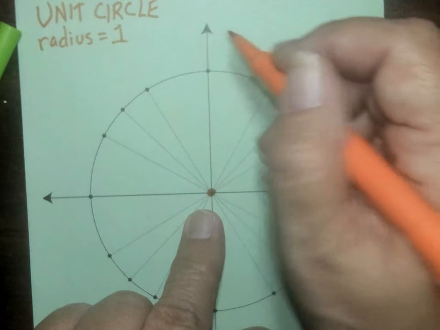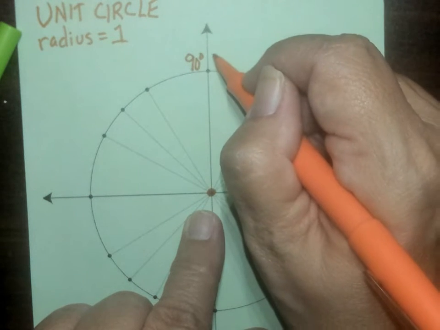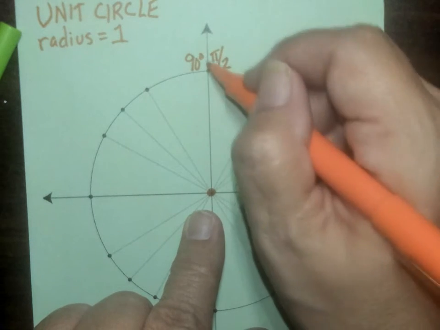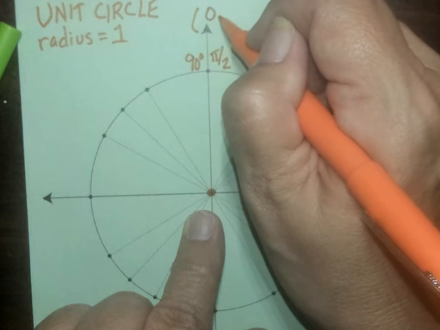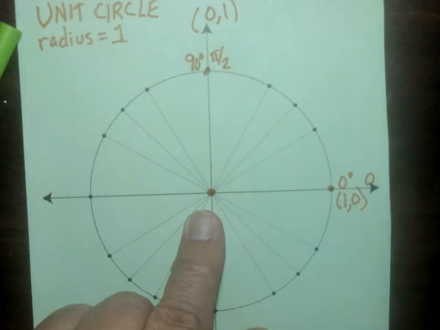Now if I go up to the y-axis, I know that that's 90 degrees. I know that that's pi over 2 in radians. But what's the ordered pair? That ordered pair is going to be 0, 1, because this line segment is also a radius of the circle.